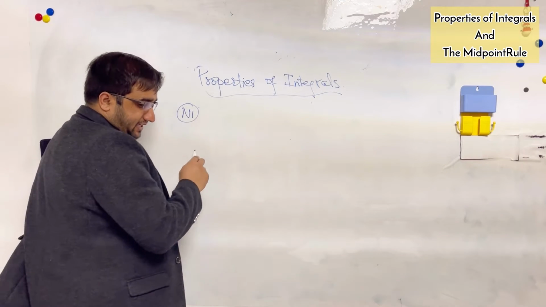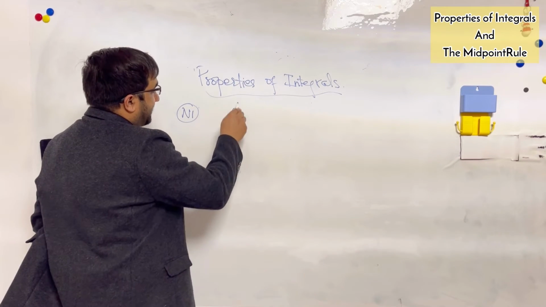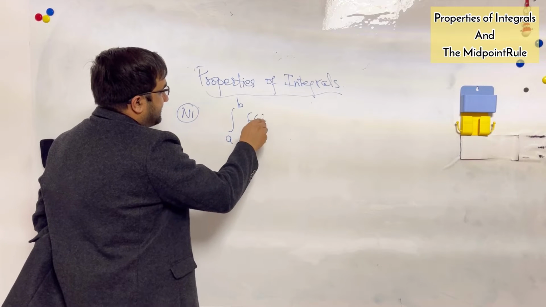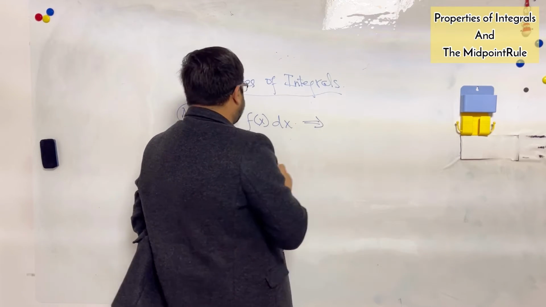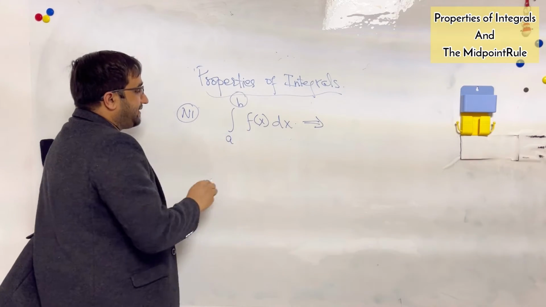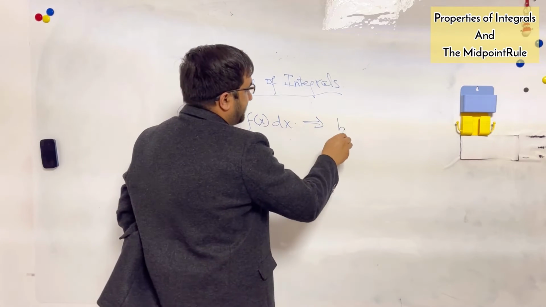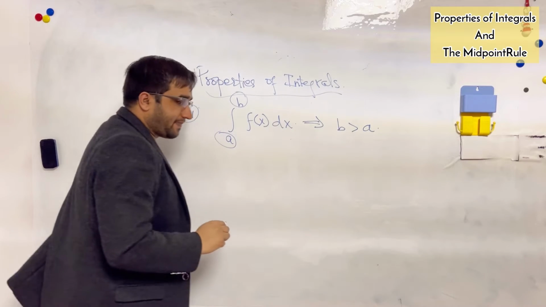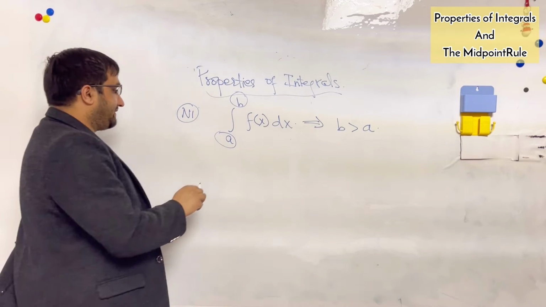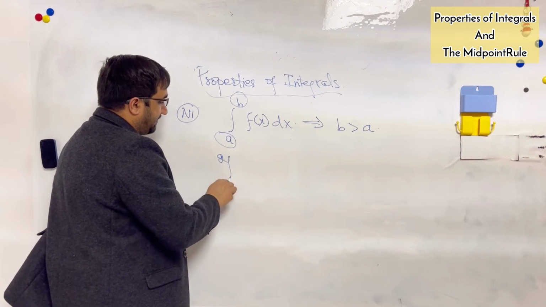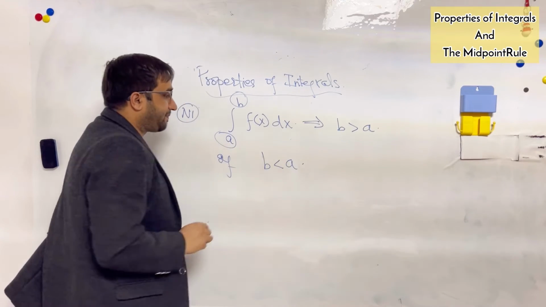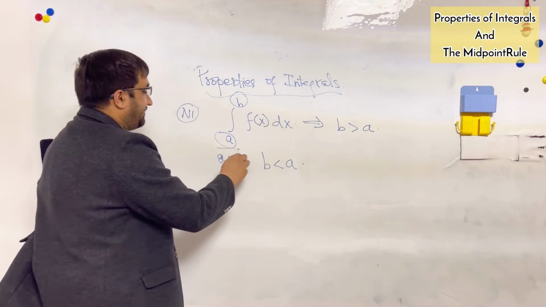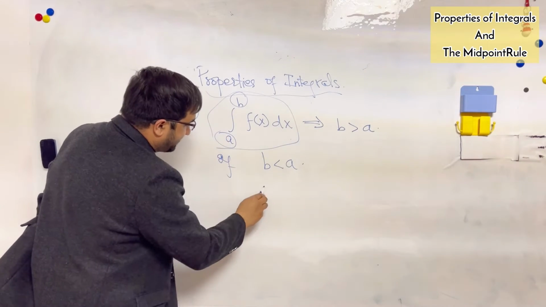The first property is, if we have the integral a to b of f of x dx, then it simply means that this is the bigger one than this. That is, b is always greater than a. But in some cases, if b is less than a, then this formula reverses the order.